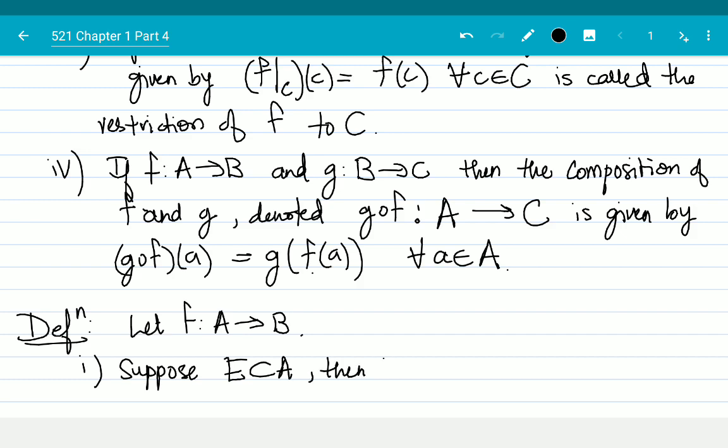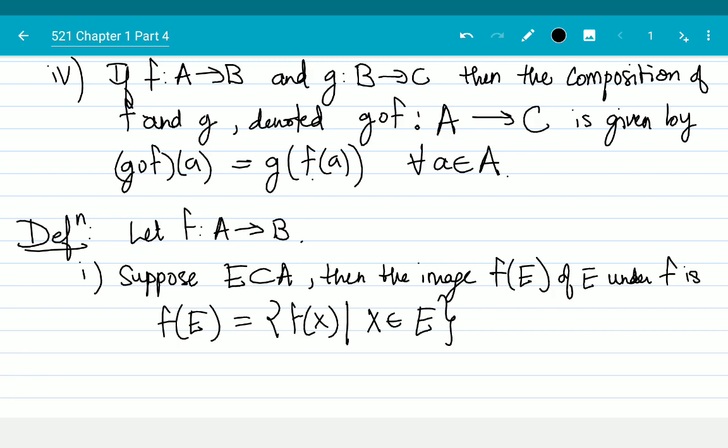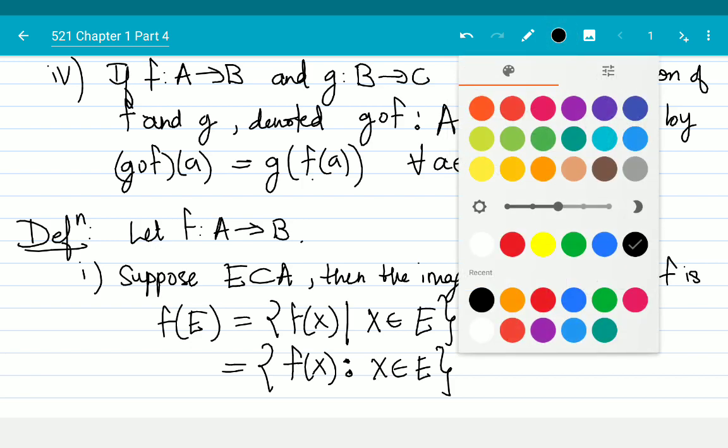Then the image of E under f is defined by the set f of E, which is equal to all the f of x such that x belongs to E. Okay, note, this notation is also sometimes written as f of x colon x belongs to E. Okay, so let me just make this clear.